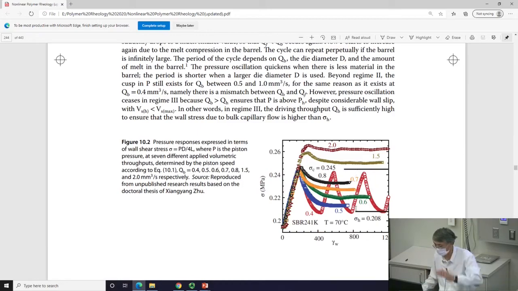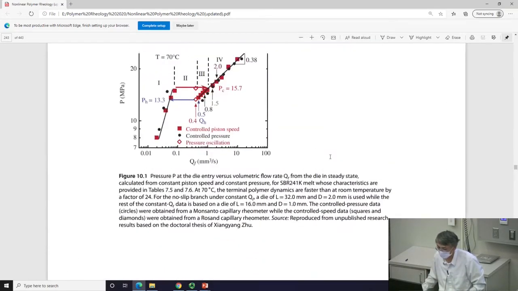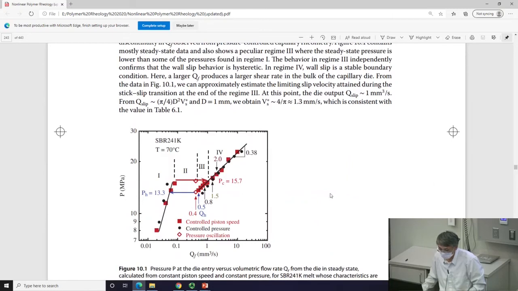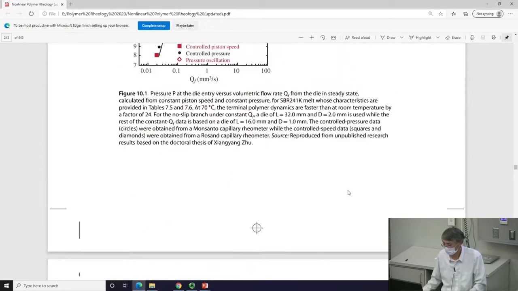Some are high enough, no problem. In between, you get this problem. So there is basically a region of instability where pressure just oscillates back and forth. Very complex problem, and just unnecessary if your goal is to study the nature of wall slip. Okay, so that's that.